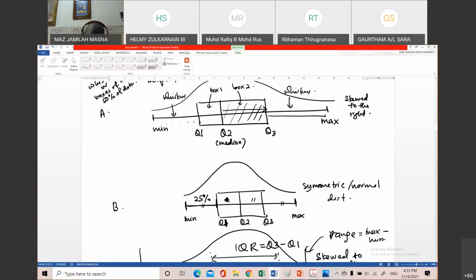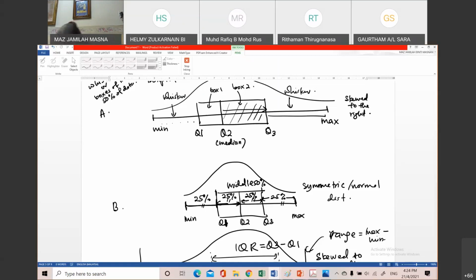Another 25% is here, from here to here, and another 25% is here to here, and another 25% is from Q3 to maximum. So that's why we call it as middle 50% from here to here. Okay, class? Any questions so far? Any questions? No? Okay.